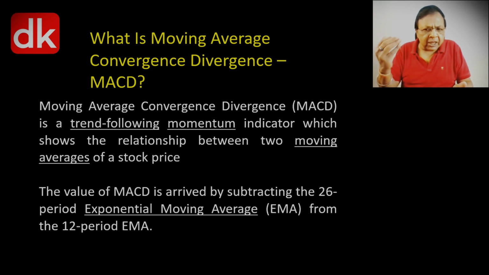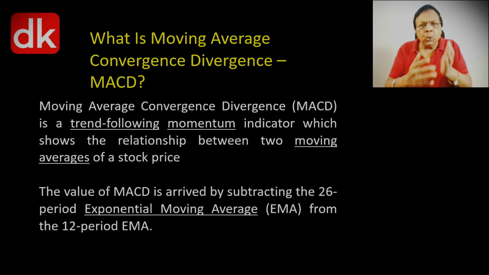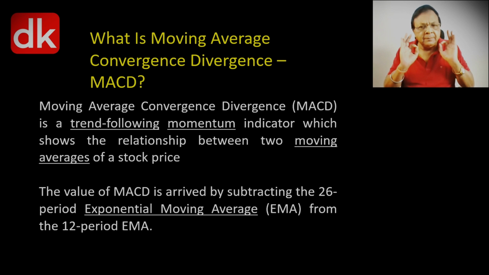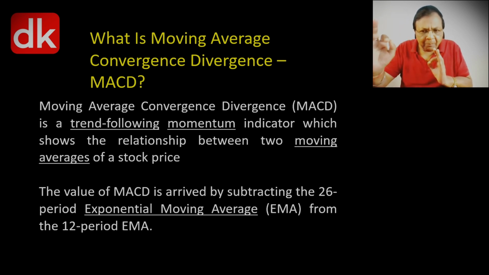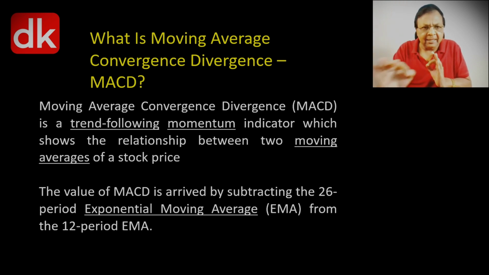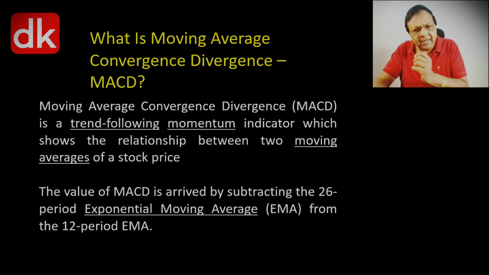And what is the calculation of that MACD line and its value? When you subtract EMA 26 from EMA 12, it gives the value of the MACD line. It is that simple. So EMA 12 minus EMA 26 is the value of the MACD line. Let us go ahead and understand further.